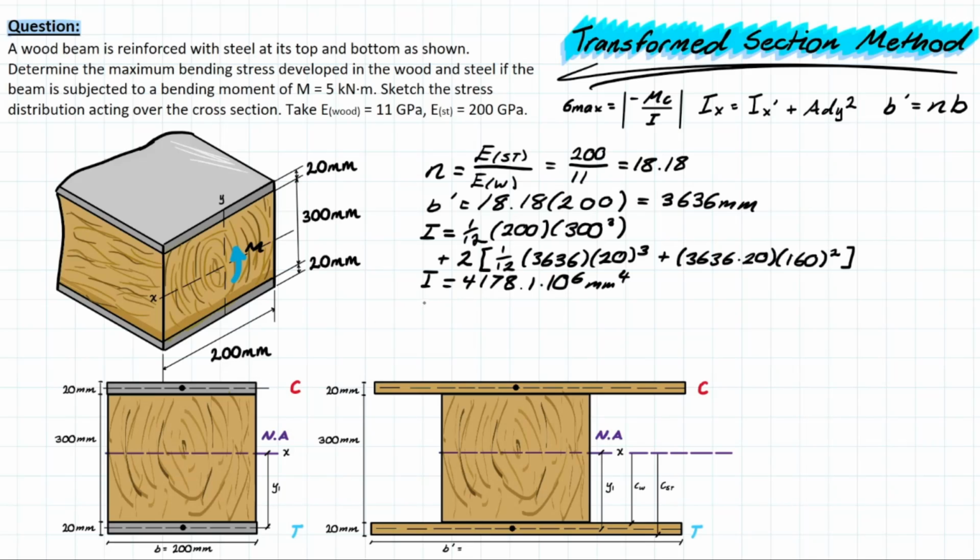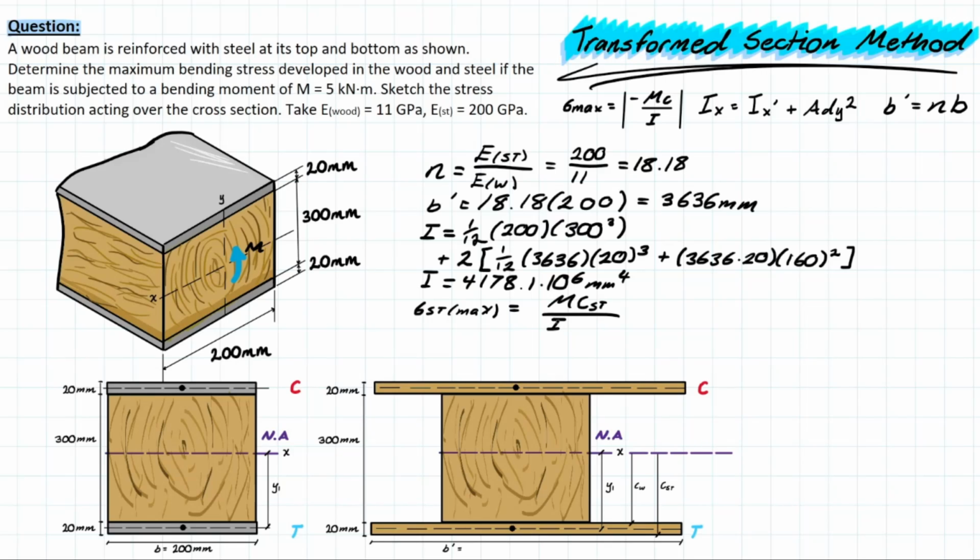And in order to do this, we are going to be taking the stress of steel max is equal to our formulas that we've used previously. So we have M, which is the moment in the section. We have the C, which is the furthest distance from the neutral axis to the furthest fiber on that steel section. And that's going to be C of steel. And that's going to be over our wooden moment of inertia value.